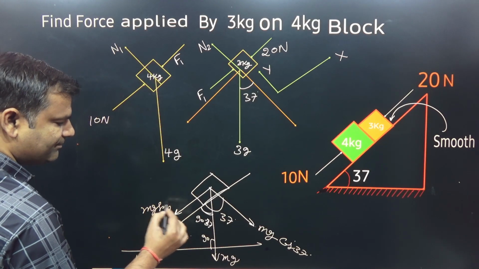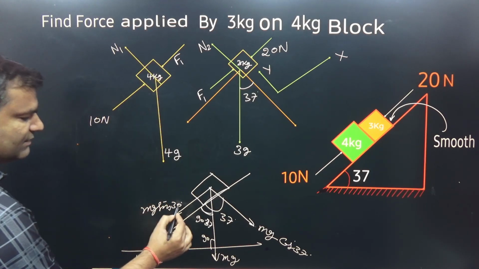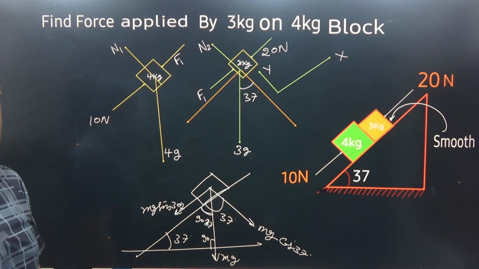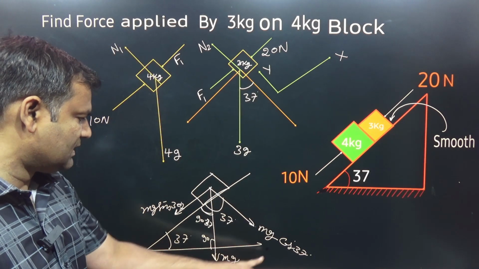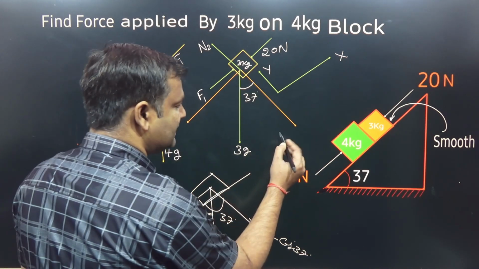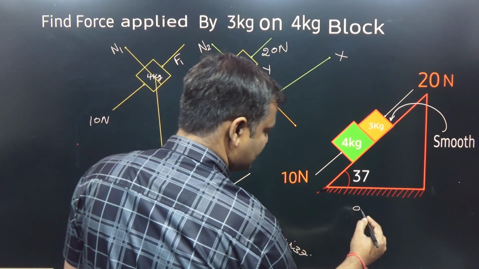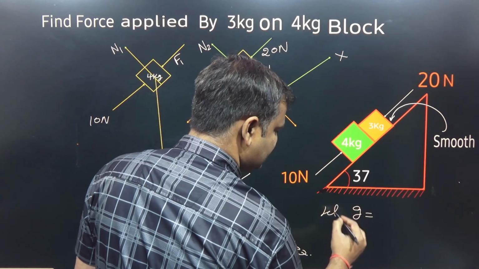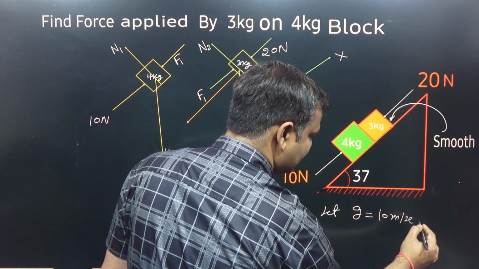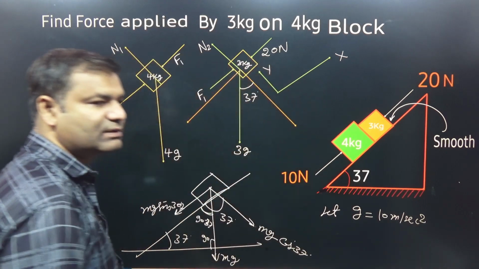Clear or not? So this one is 37. Clear or not? Very simple, simple geometry. So you can write now 3g. For simplicity, let g be equal to 10 meter per second square. Otherwise, you can also take 9.8.